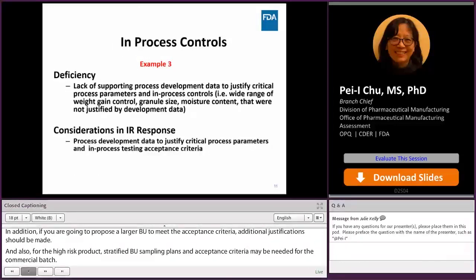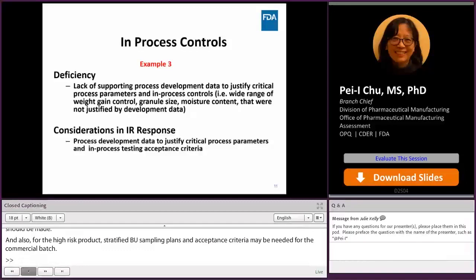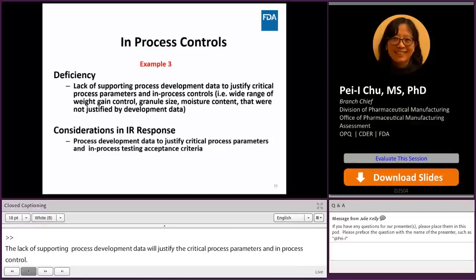The third example is related to lack of supporting process development data to justify the critical process parameters and in-process control. If you are proposing a wide range of the weight control for a functional coating process, it may not be acceptable.